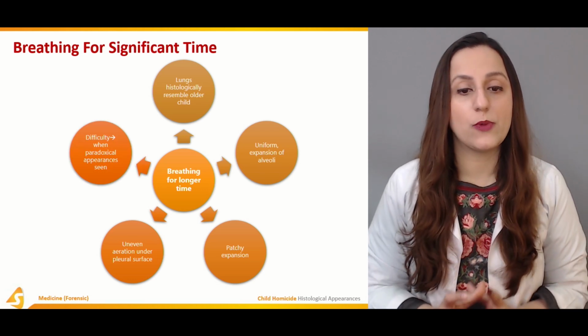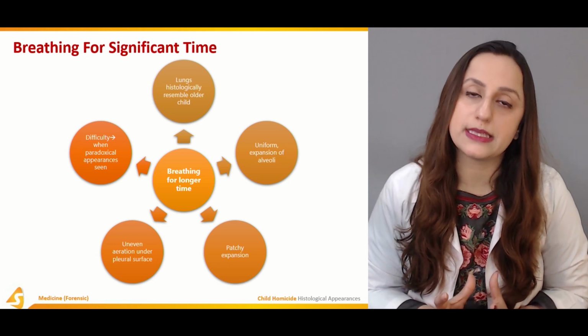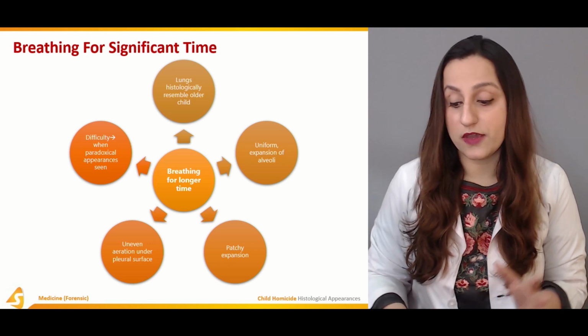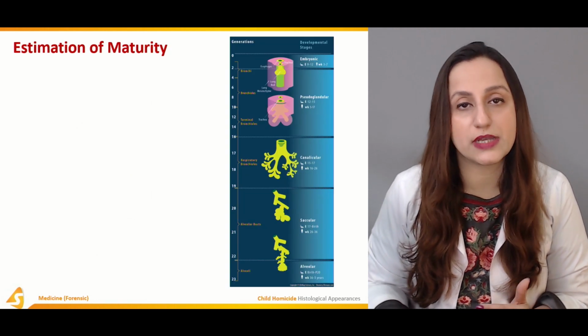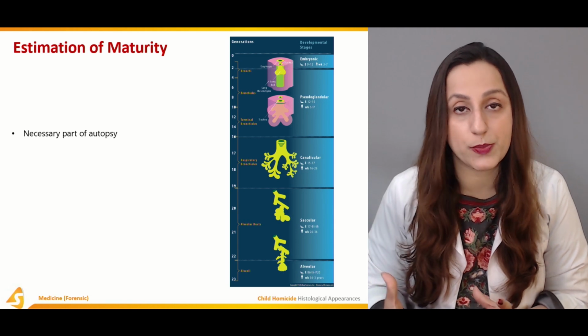Difficulty arises when paradoxical appearances are seen, because all cases are not of similar origin or similar intensity, and so if there is some sort of paradoxical appearance, then it is quite difficult to establish whether breathing took place or not.